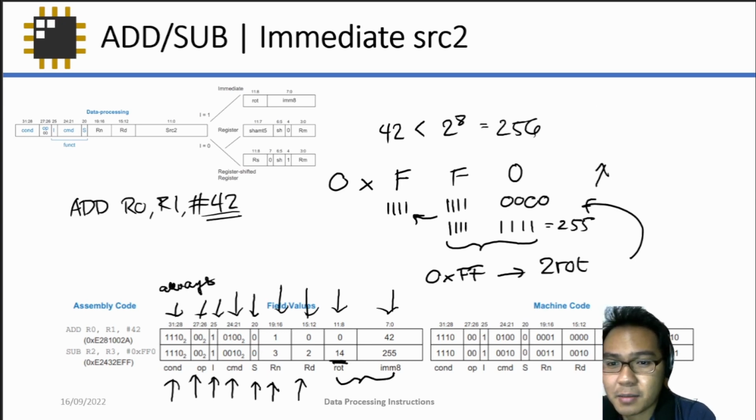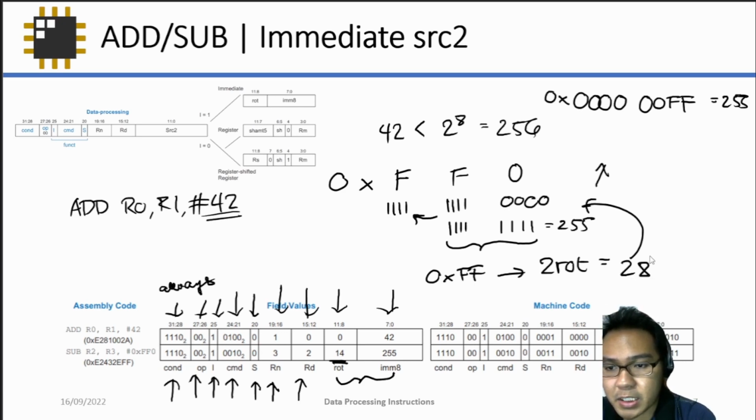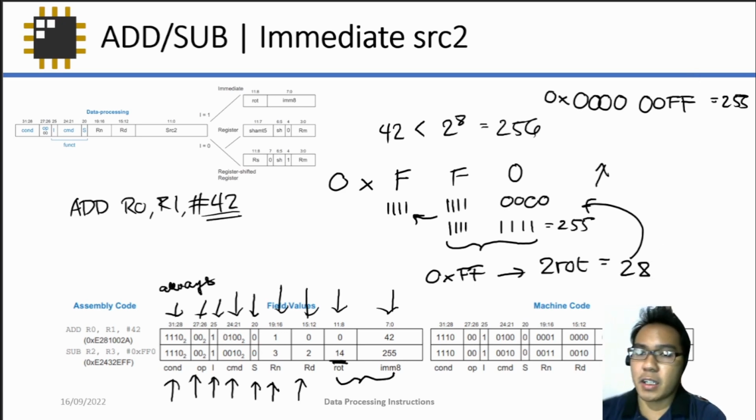Let's try to do it in sets of 4, so let's do it in hex. That's 1, 2, 3, 4, 5, 6, 7, 8. So these last two are FF, that's 255 in hex. Okay, so 2 rot equals 14 times 2, which is 28. So we need to shift 28 times.